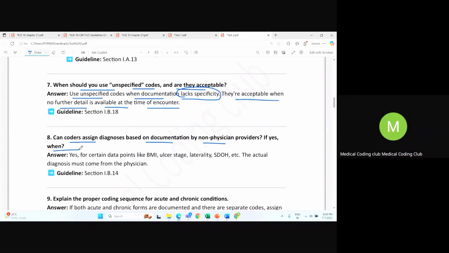If they are noting down a high BP, then we can consider the note from the non-physician because they are eligible to do that job. For certain data points like BMI, ulcer stage, laterality, SDOH, etc., we can consider documentation from the non-physician side. But the final diagnosis must be taken from the physician or the provider.